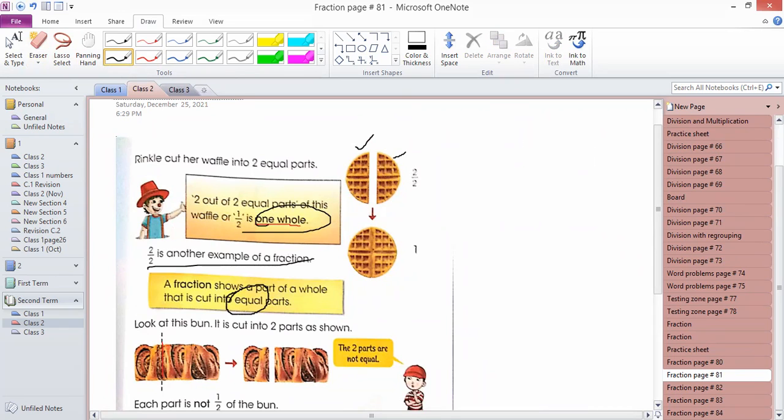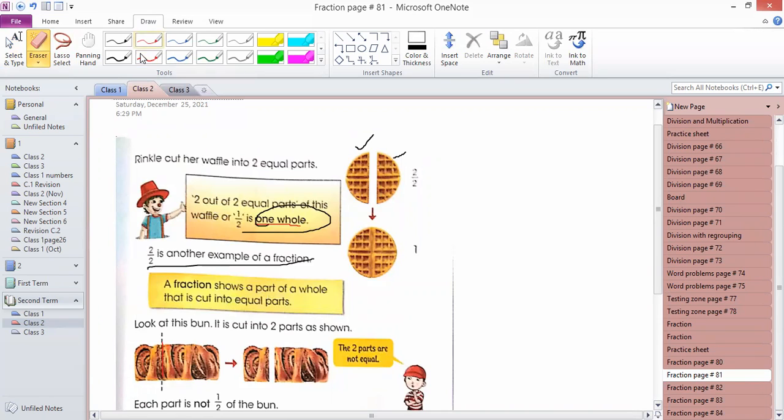If I cut a biscuit from here, then it is not equal. The right portion is bigger than the left one, so I cannot say this is half. So this is very important that in fraction, the parts are divided equally. Each part is equal to each other.